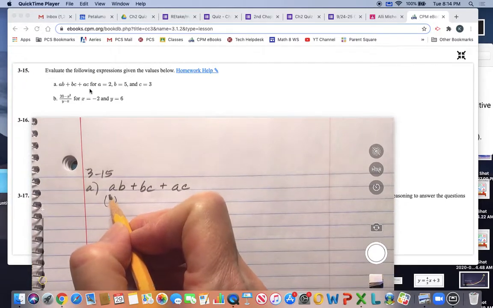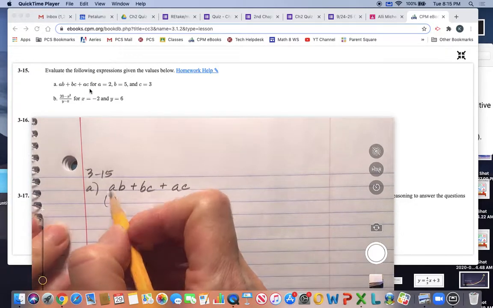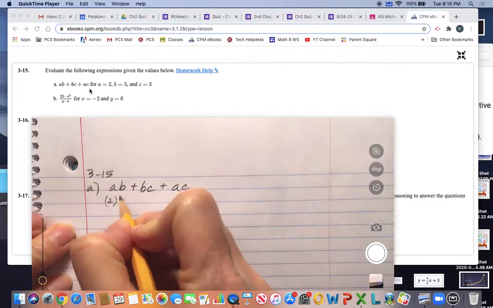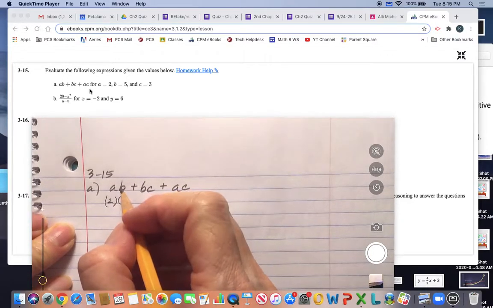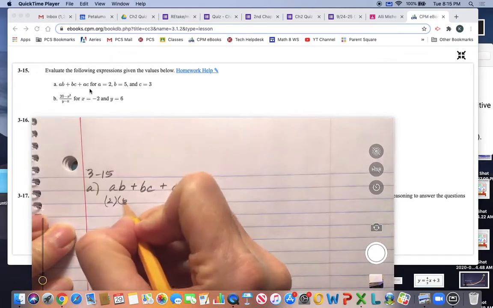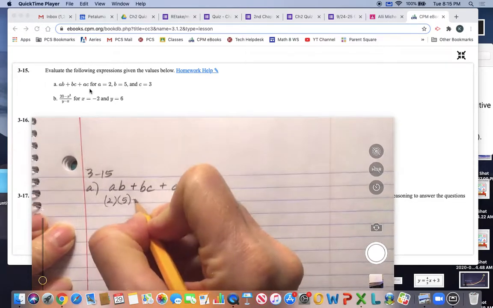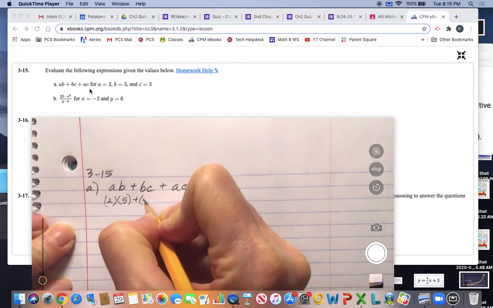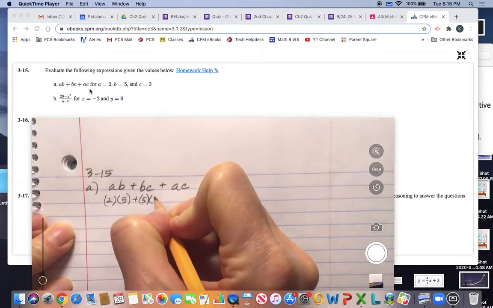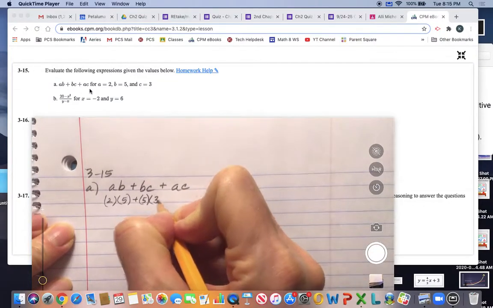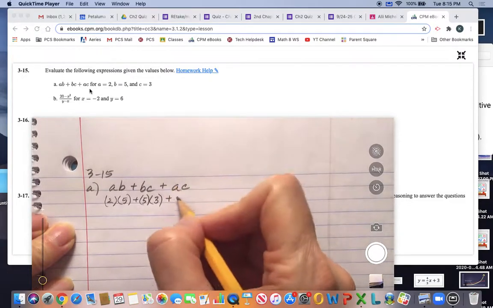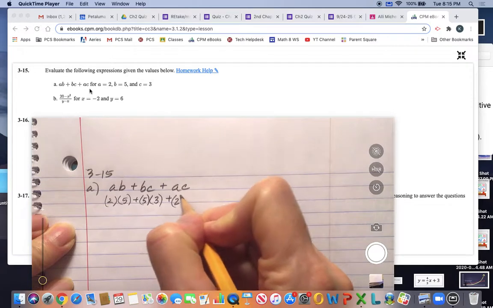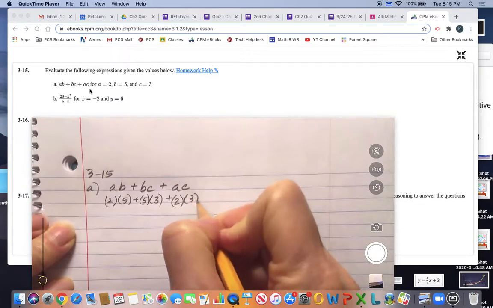So A is 2, B is 5, and C is 3. So I'll just go through and put these values in. A, we go back to 2, and C, we go back to 3.